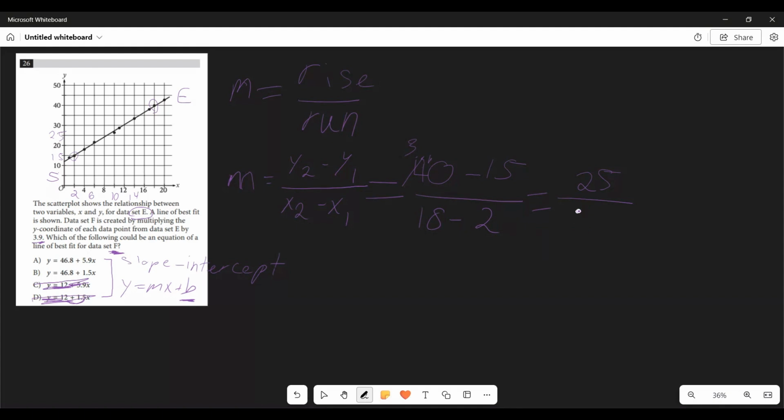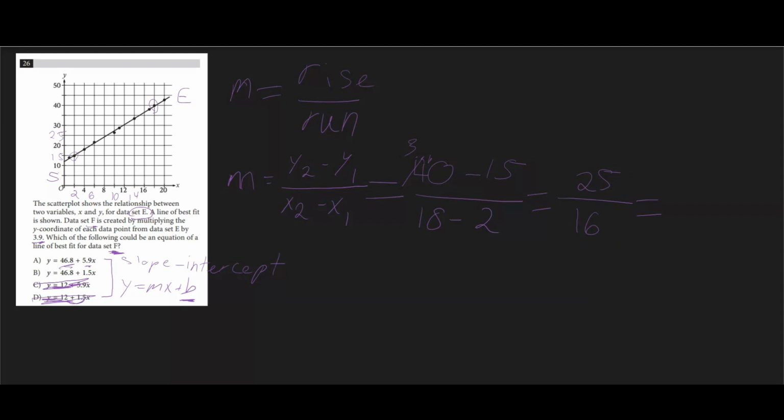That's going to be 16, right? So we know our slope is going to be 25 over 16. This doesn't simplify nicely. I'm just going to plug it into the calculator and make it a decimal. Turns out to be approximately 1.5, right? So we can say this is going to be 1.5 after using the calculator.